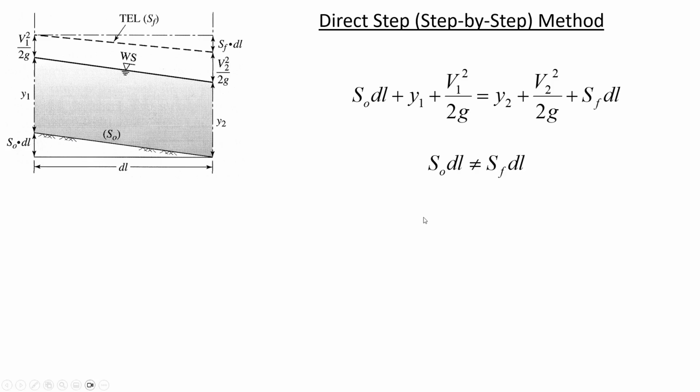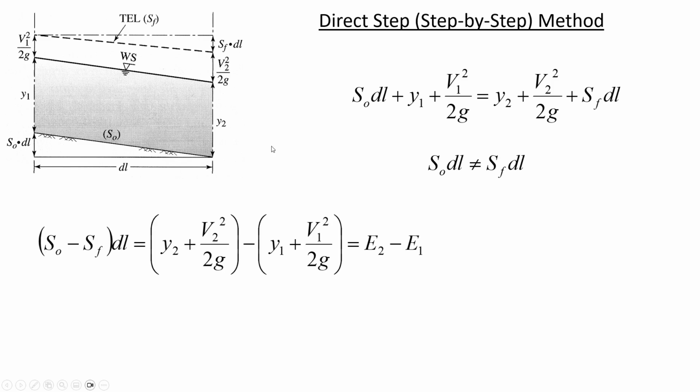Now we assume that the channel slope's not equal to the slope of the energy grade line. Otherwise we wouldn't be dealing with gradually varying flow. So it's a difference in energy between the 2 points that is accounted for by the differences in the depth and velocity head. So this is the specific energy. So E here is the specific energy.